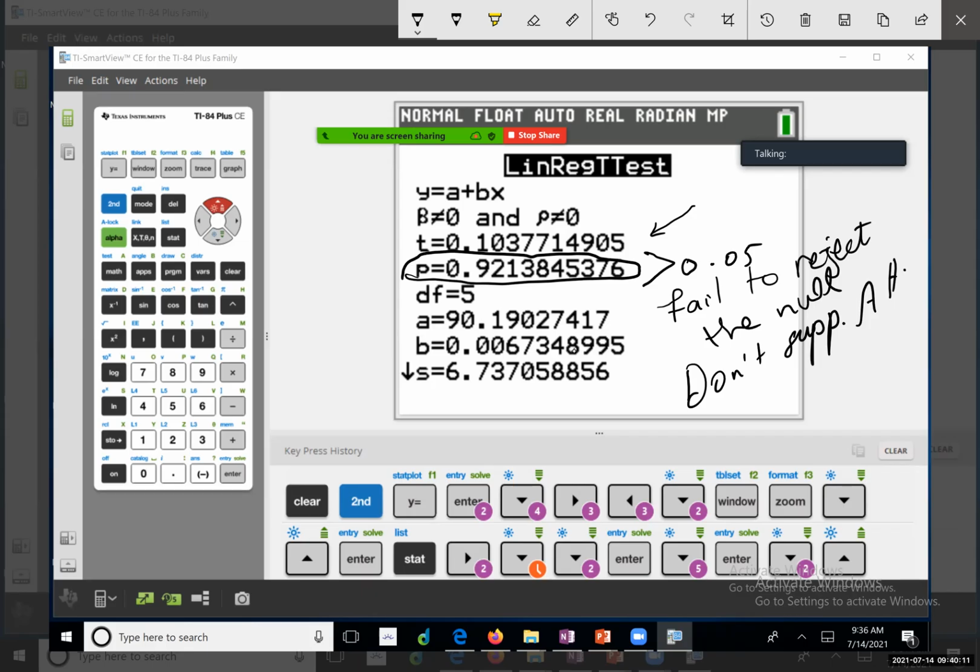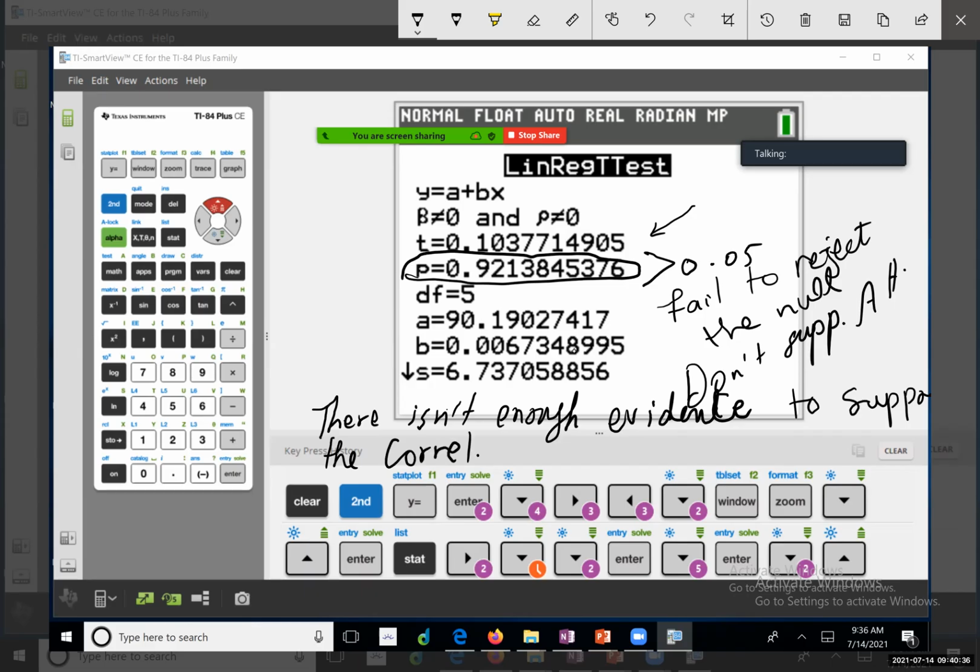So then you would say there is not enough evidence to support the correlation between duration and time interval in Old Faithful and Yellowstone.